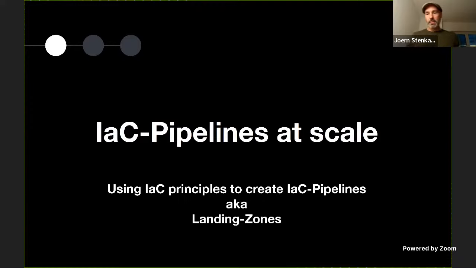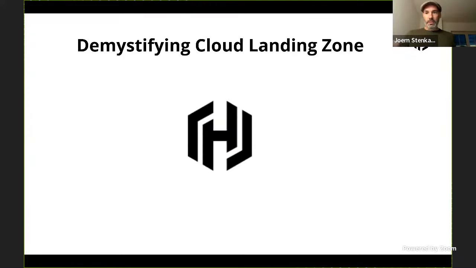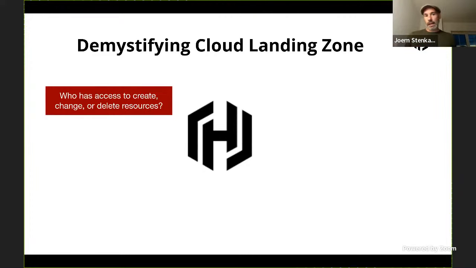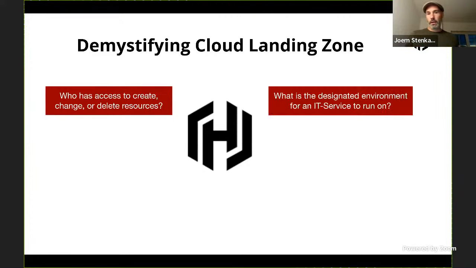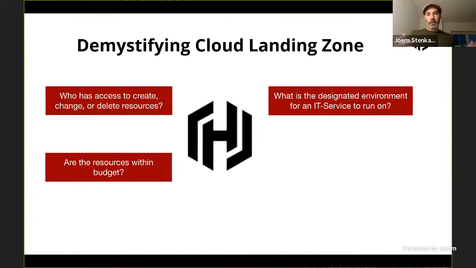So trying to demystify landing zones a little bit in terms of what they are used for. A landing zone is for a helicopter or for cloud resources. And questions like who has access to create, change, or delete resources? Another thing is, what is the designated environment for an IT service to run on? Which region, which providers are allowed or disallowed? Another one is, are these resources within budget?